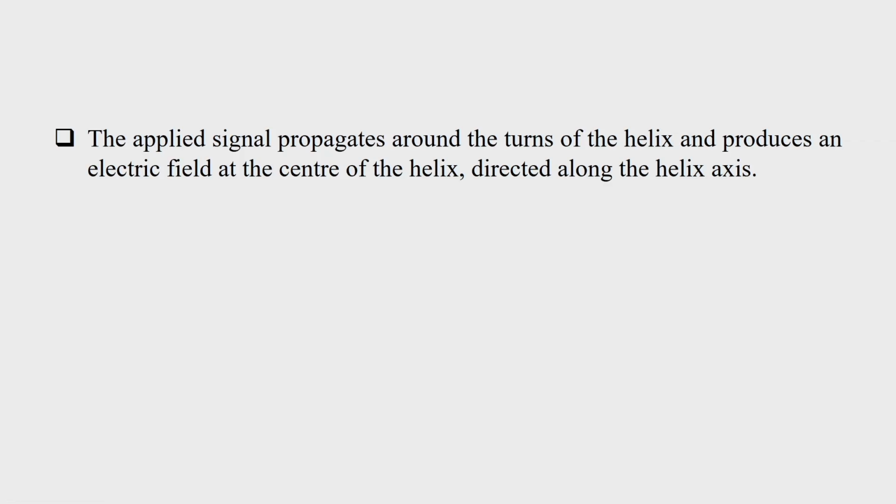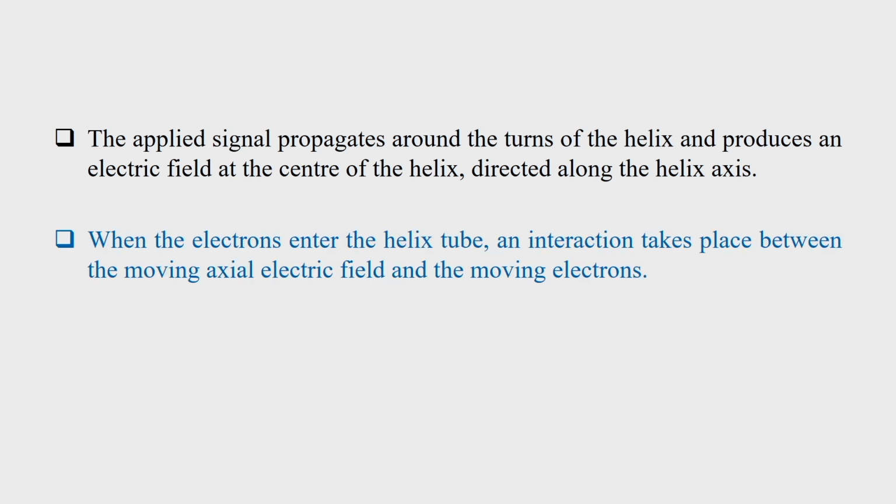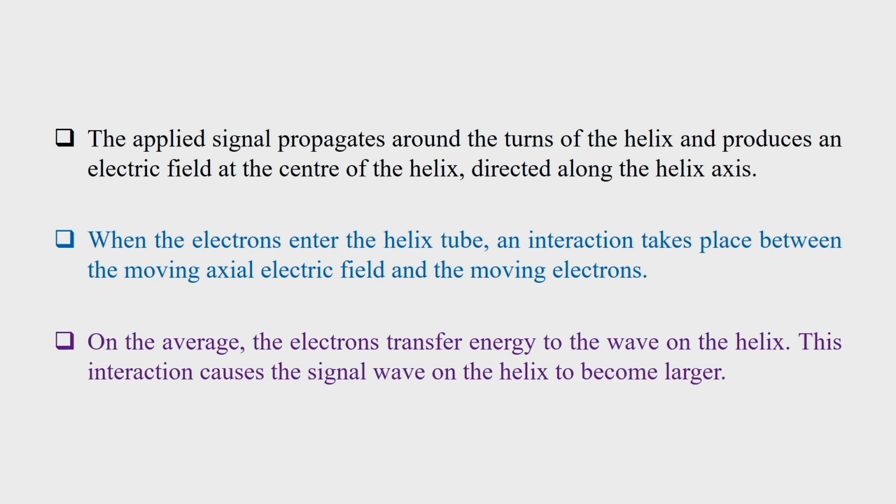The applied signal propagates around the turns of the helix and produces an electric field at the center of the helix, which is directed along the helix axis. When the electrons enter the helix tube, an interaction takes place between the moving axial electric field and the moving electrons.